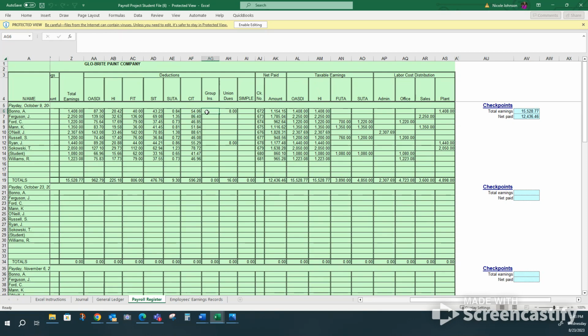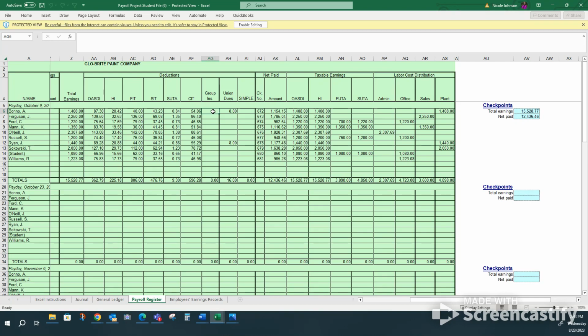Group insurance will only be deducted from the last paycheck of each month. So you won't be doing it in this one, but you will be doing it in the next month. The rate is 30 cents for each $1,000 of coverage. You can find the coverage for each employee in figure 7.2. For example, Bono has $55,000 in life insurance. If we divide $55,000 by 1,000, we arrive at 55.